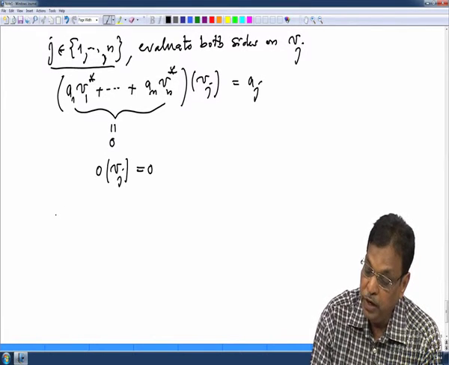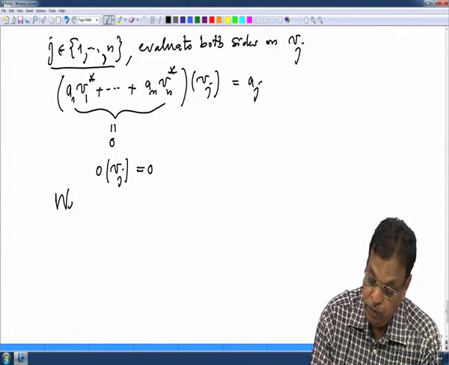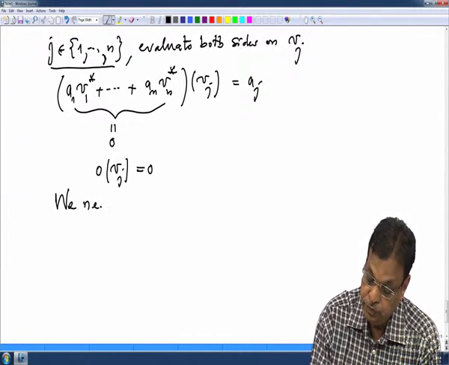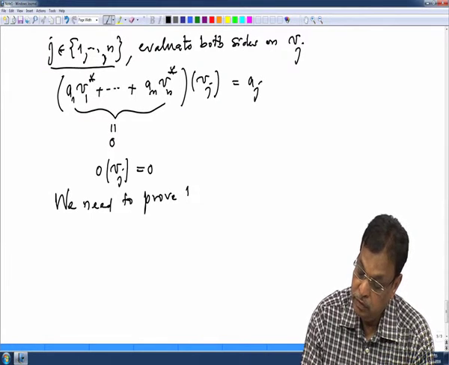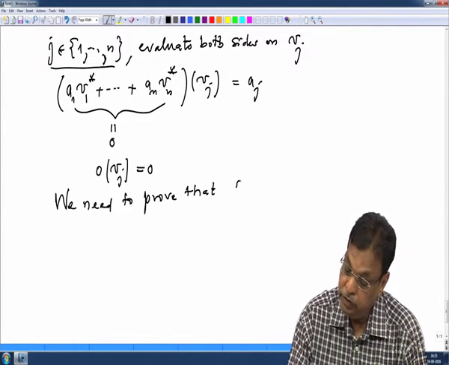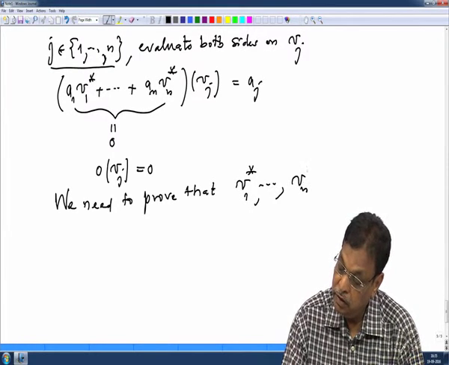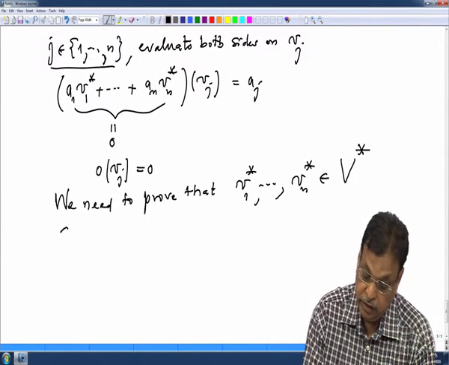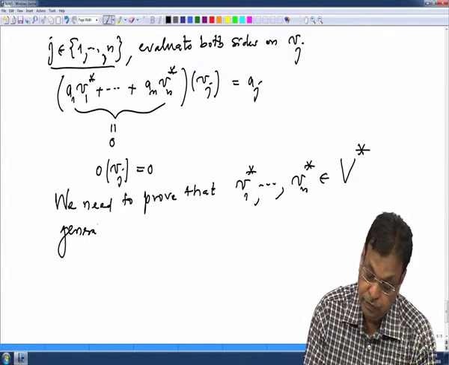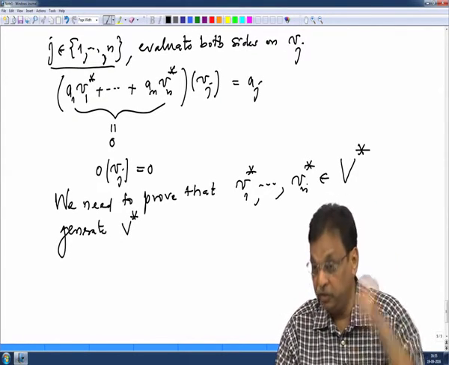Now, we want to prove that it generates V star. So, we need to prove now that V1 star, ..., Vn star, which are elements of V star, generate V star. In other words, it is a generating system.